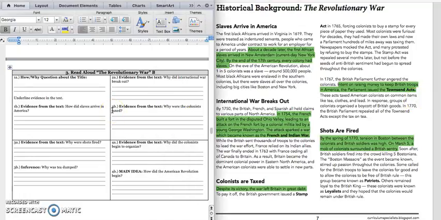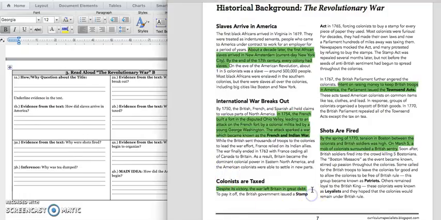So in 2B, we would write, the colonists were taxed because King George III wanted them to pay the debt they accrued during the French and Indian War, and to raise money to keep the British troops in America. Press pause to write down your answer and play when you're ready to keep reading.